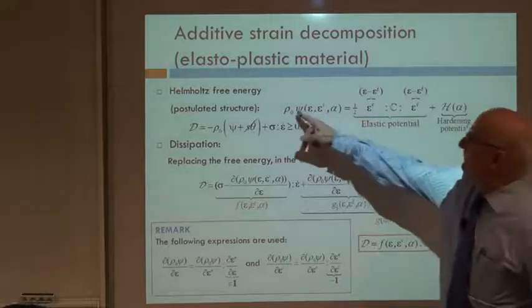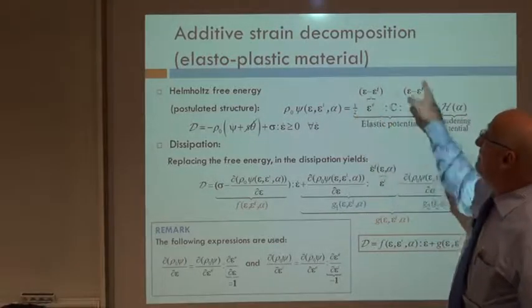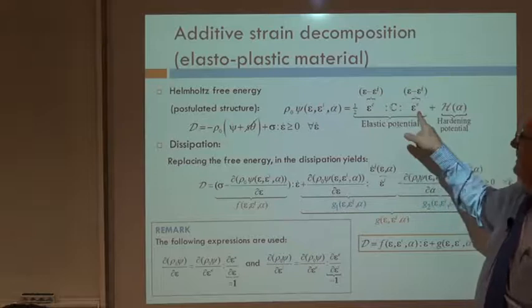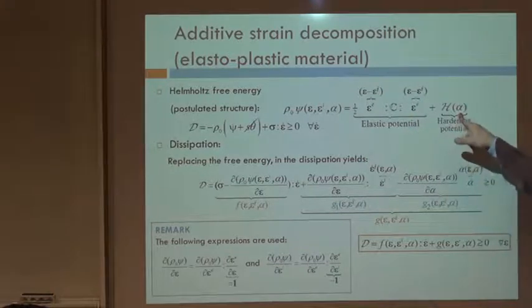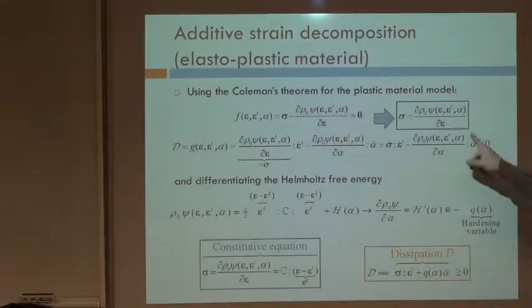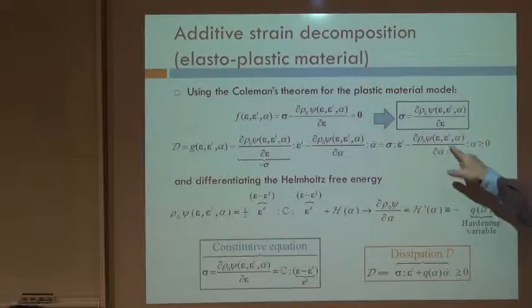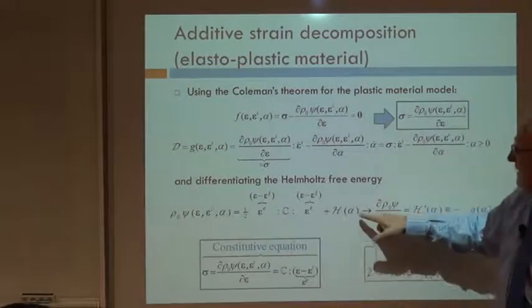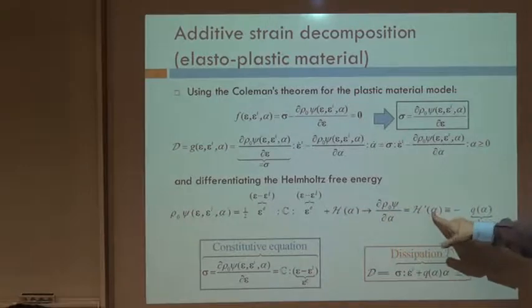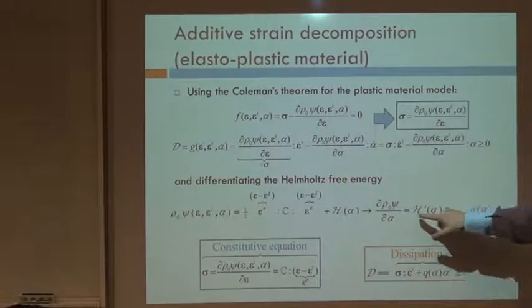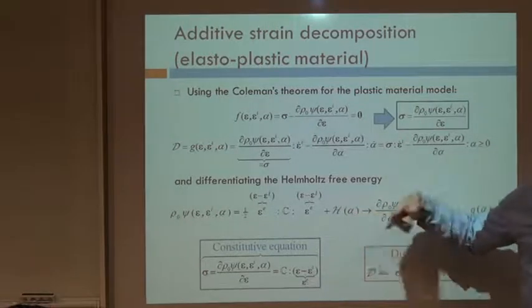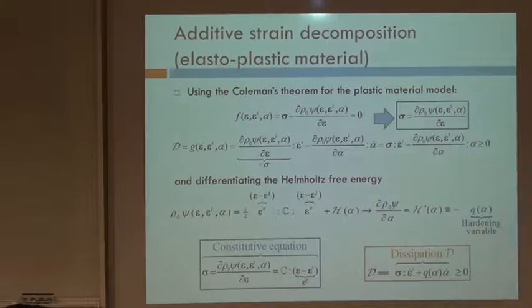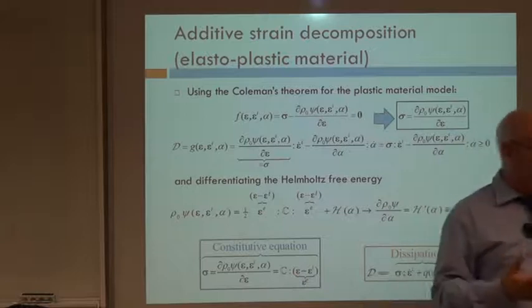So what is the derivative of the free energy with respect to alpha? It doesn't depend on alpha in that term. It depends on alpha only in that term, okay? So the second term that appears here, the derivative of rho phi with respect to alpha, is nothing else than h prime of alpha, okay? The derivative of this additional part of the free energy, a scalar function that depends on alpha, is what is called the hardening energy.